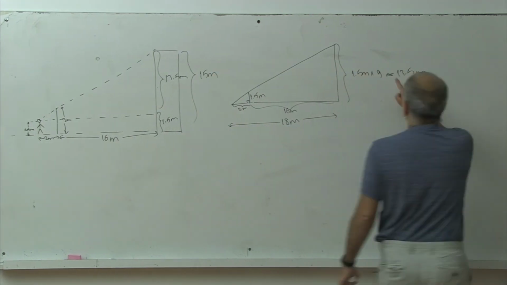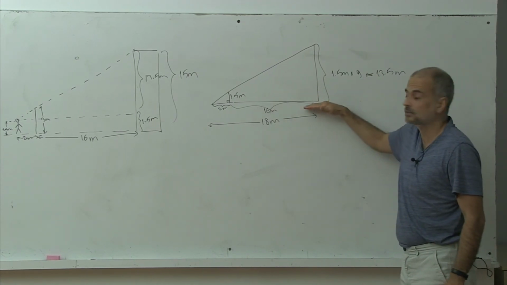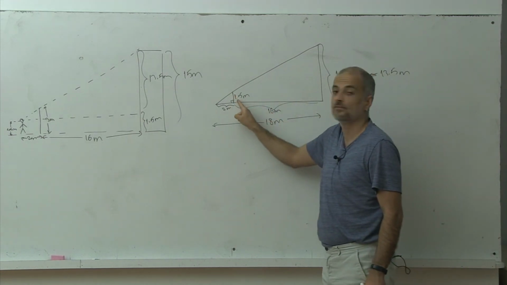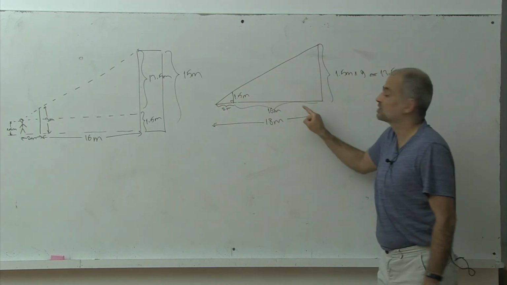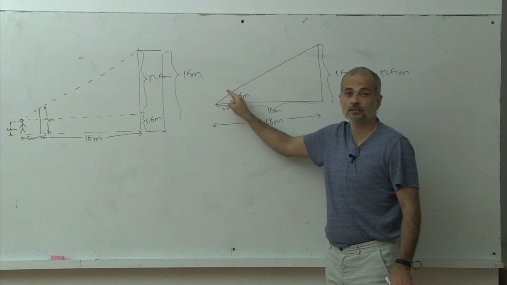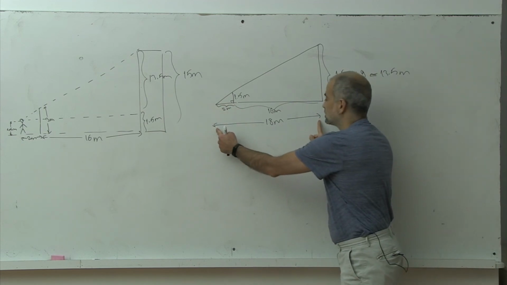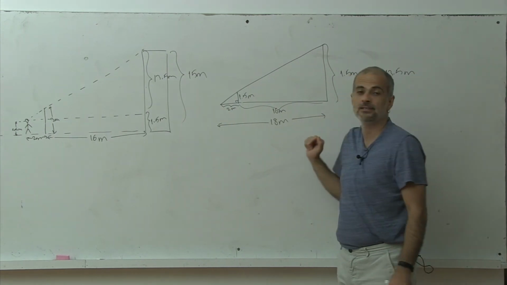Let's say you know that the height from your eye level is 13.5 meters, and the pole is 1.5 meters, that would tell you that this large triangle is 9 times this small triangle. So if you know this distance to be 2, then you can estimate this distance to be 18 meters. So you would be 18 meters away.